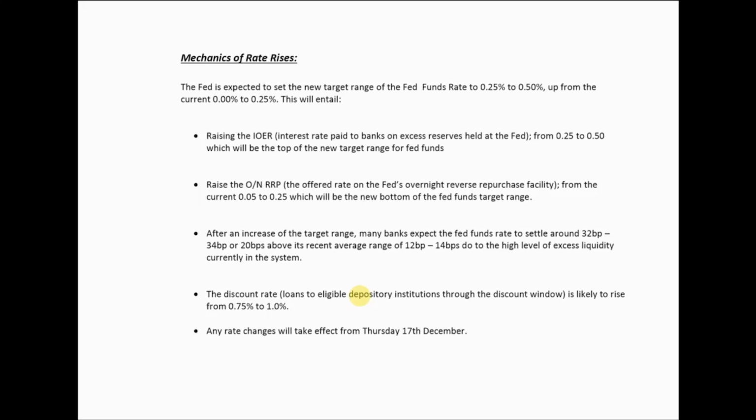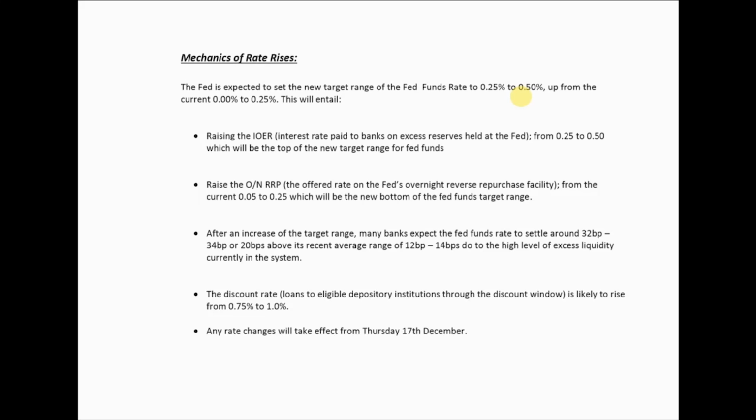Obviously, the main interest rate that we look at and the Fed talk about is the Fed funds rate, and the expectation is to raise it to the band of 0.25 to 0.5%, up from 0 to 0.25%. But in conjunction with that, you will hear other terms about the interest paid on excess reserves. You'll hear about the Fed's overnight reverse repurchase facility. You'll hear about the discount rate. You'll hear about the Fed effective rate. And it's really important that you don't confuse yourselves with what's going on.